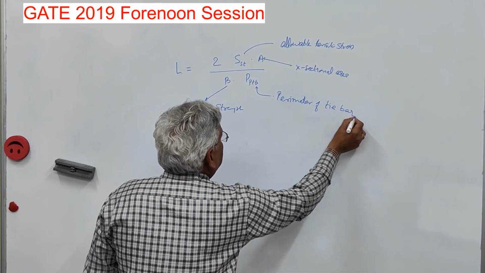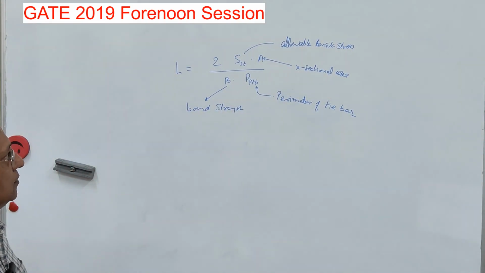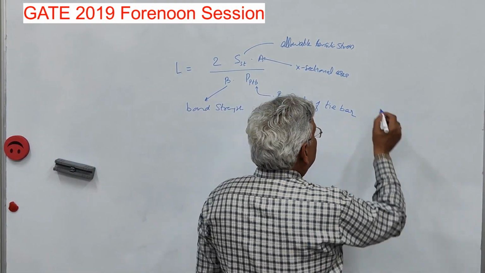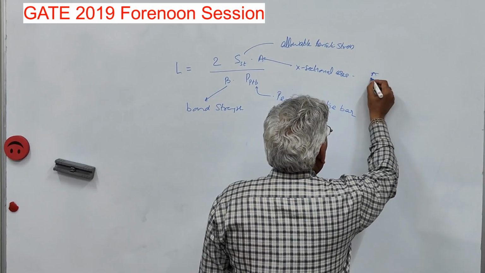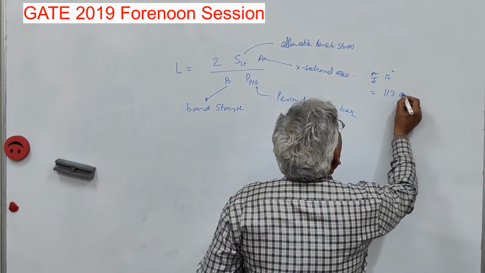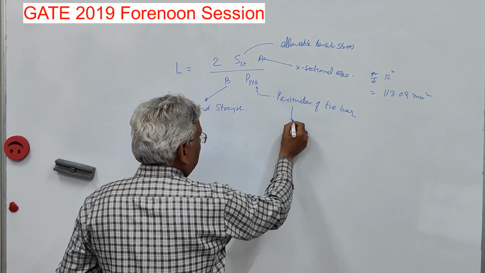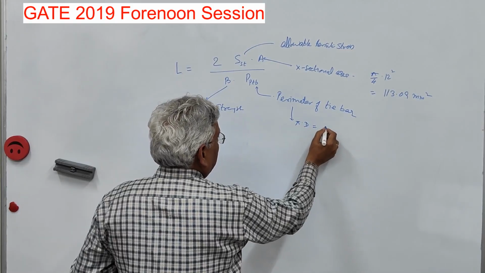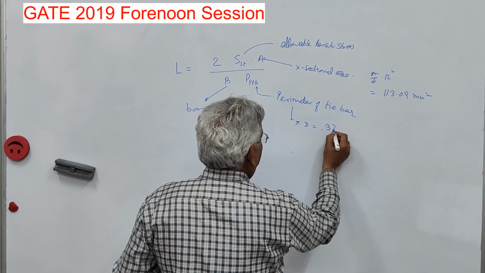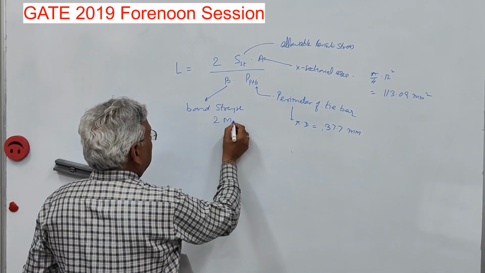You can refer IRC 58 on design of concrete pavement for this equation. Cross-sectional area, because diameter is 12 millimeter, will be pi by 4 into 12 square, 113.09 millimeter square. Perimeter will be pi into D, so pi into 12, that is 37.7 millimeter.